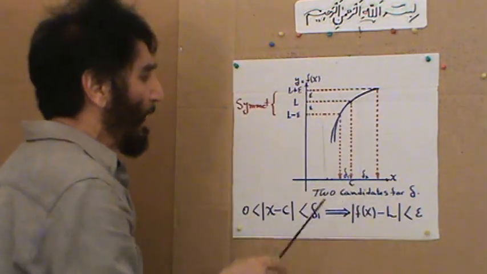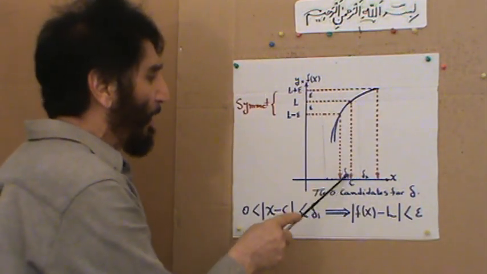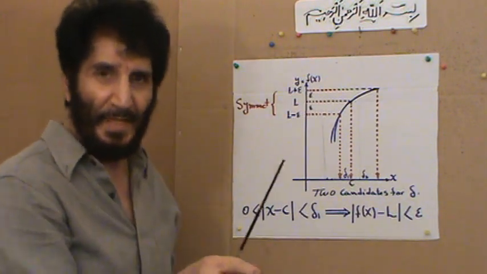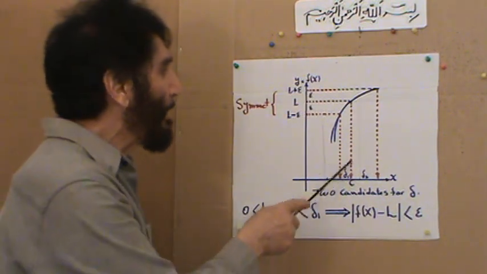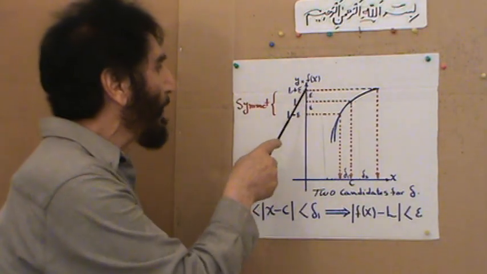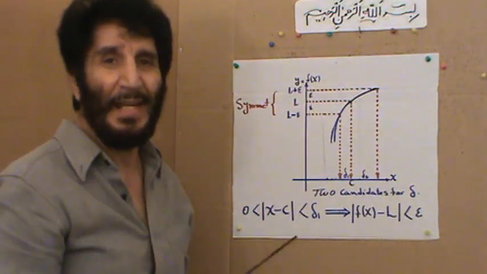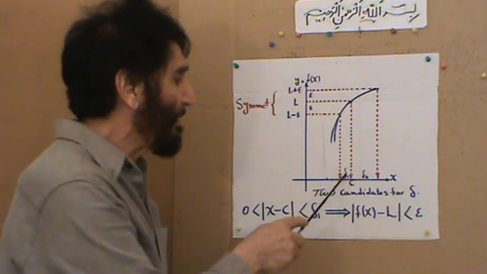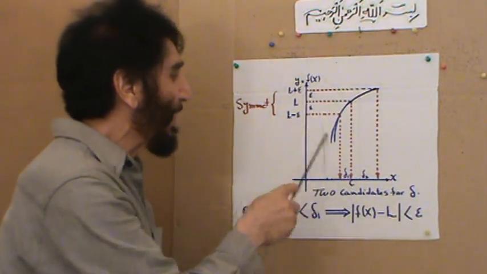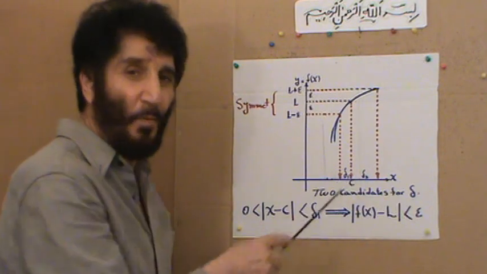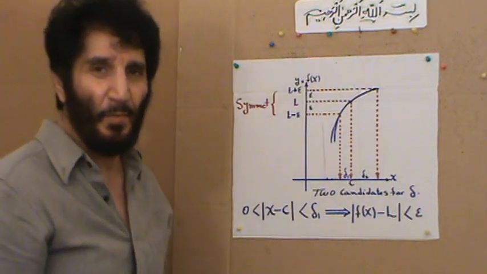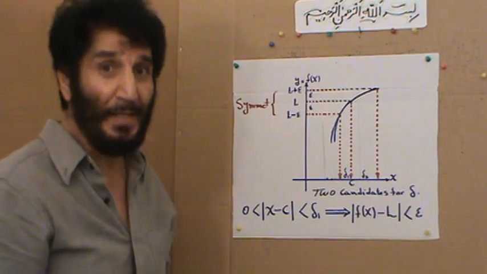Now look what happens. Everything in this interval, all the x's, the f can take those values and map them into between what? Between the L plus epsilon and L minus epsilon interval. 100%. Every value in here will land here, but that did not happen for the selection of delta 2.